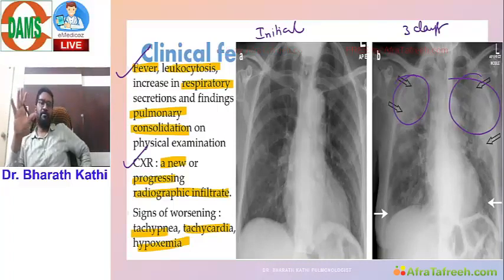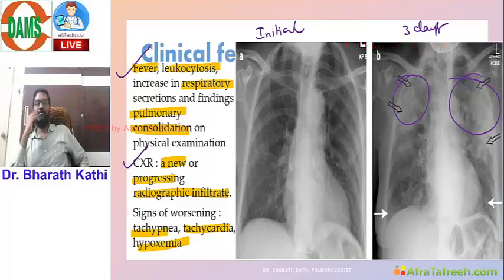To call it hospital-acquired or ventilator-associated pneumonia, even if you don't know this CPIS or CDC criteria, just use common sense. The patient has developed a new onset fever, leukocytosis, respiratory secretions have increased or the purulence has increased, and you put your stethoscope, there are findings of consolidation. There is bronchial breathing or crepitations.